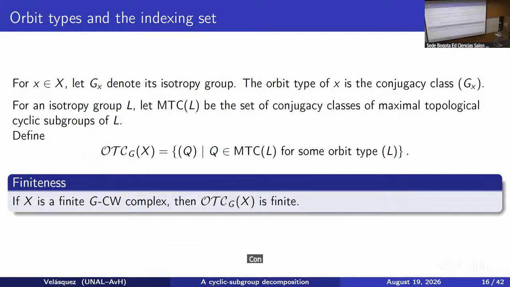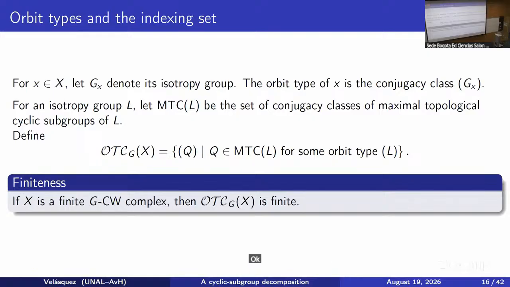Consider a fixed isotropy group L. Then we define this set MTC, the set of conjugacy classes of maximal topological cyclic subgroups inside of L. Conjugacy classes in G, but of maximal topological cyclic subgroups inside the isotropy group.